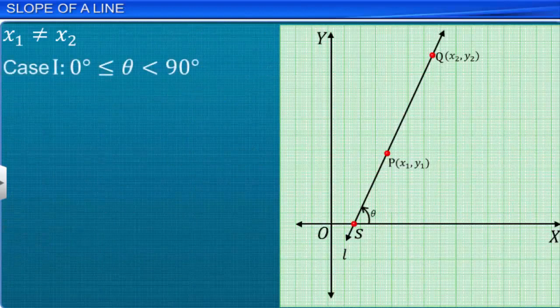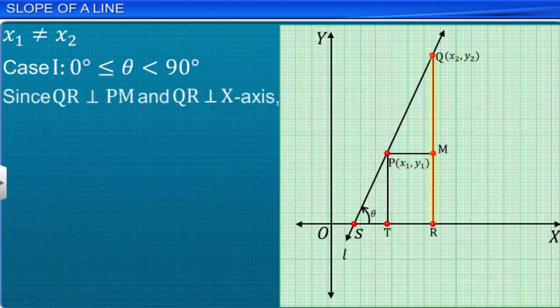Draw perpendiculars QR and PT from Q and P onto the x-axis. Draw perpendicular PM from P onto QR. Since QR is perpendicular to both the x-axis and PM, we have PM parallel to the x-axis.